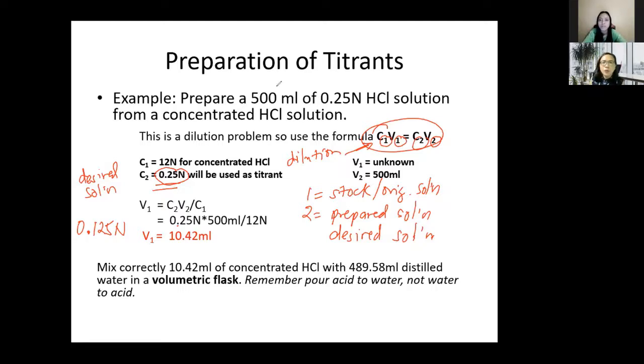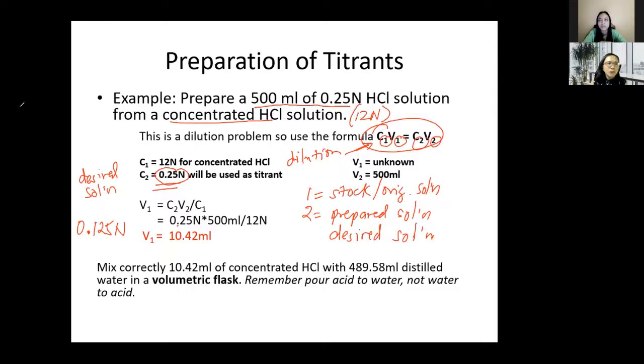Okay, so kunwari, this is our experiment. Prepare a 500 ml of 0.25 normal HCl solution from a concentrated solution. So this is our problem solving. So we know that the concentration of your concentrated acid is 12 normal.